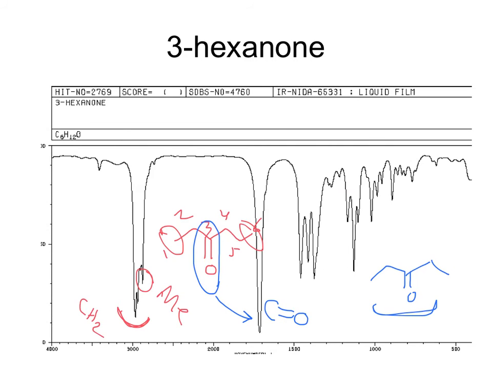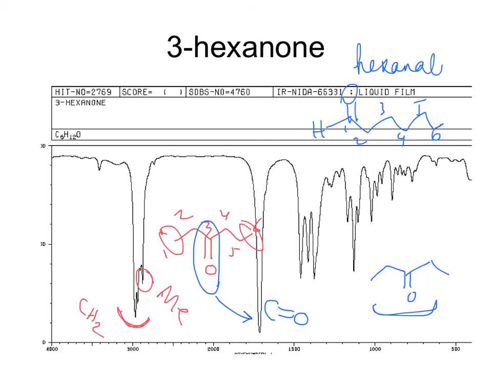On the other hand, if you had 3-hexanone and hexenal, 1, 2, 3, 4, 5, and 6. So if you think about hexenal, you would be able to distinguish between them. Why?